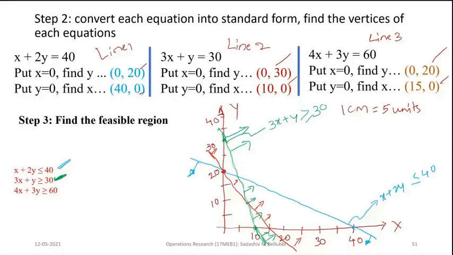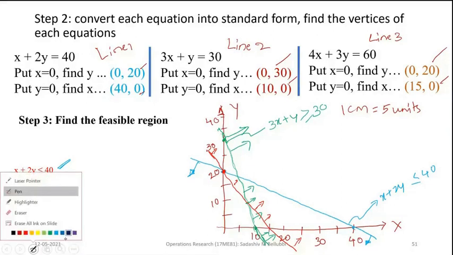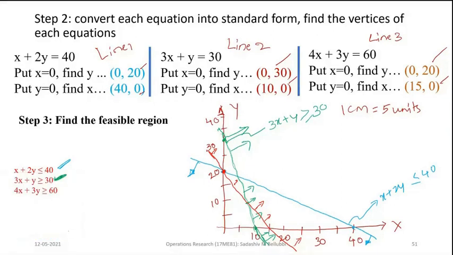Now we have drawn all the straight lines. Can anyone tell me what the feasible region is?